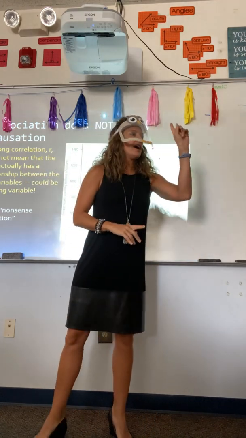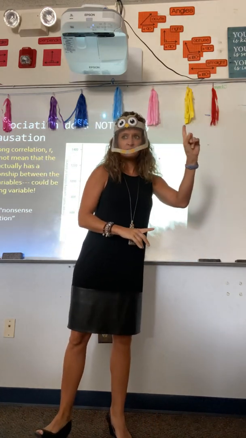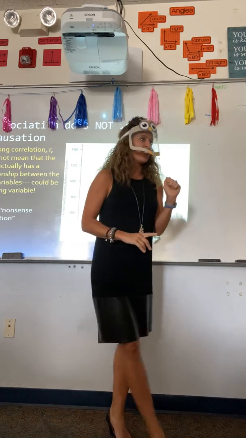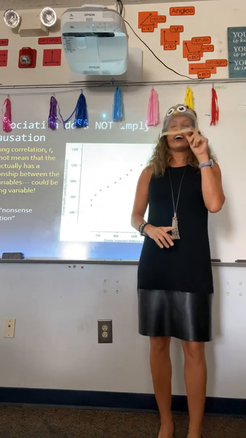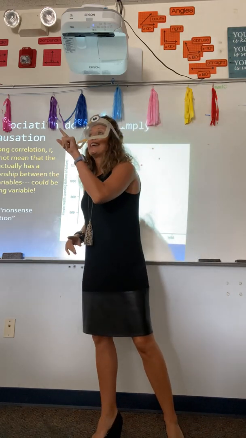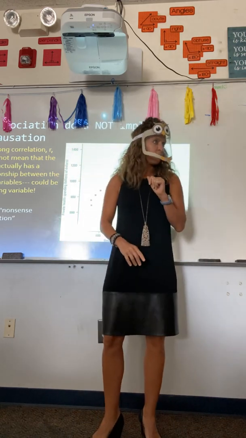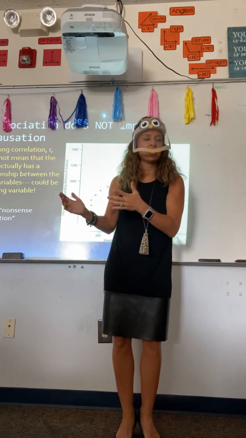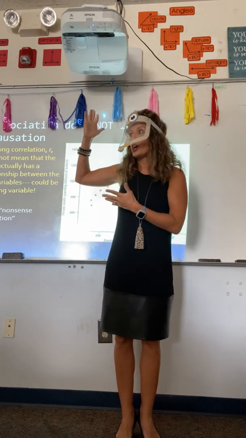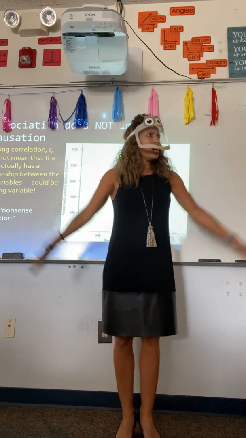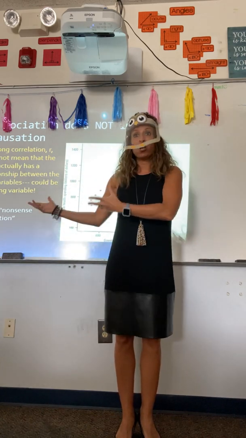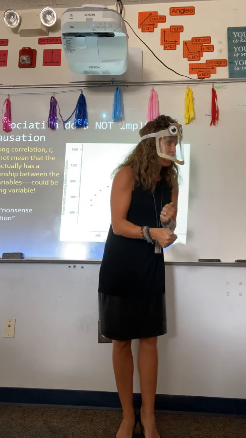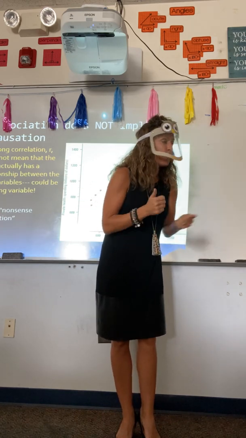This is from some test I gave. It showed a rise in organic food sales on the x-axis and a rise in autism. So, is organic food causing more people to be autistic? No. Okay, is organic food a little bit more accessible now than it used to be? So people buy more organic food now.